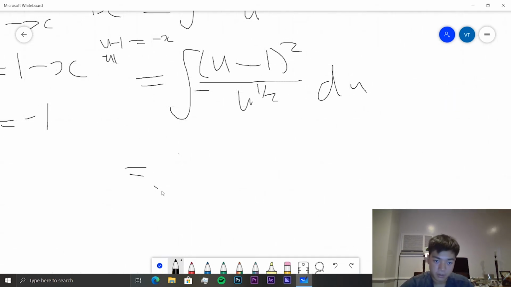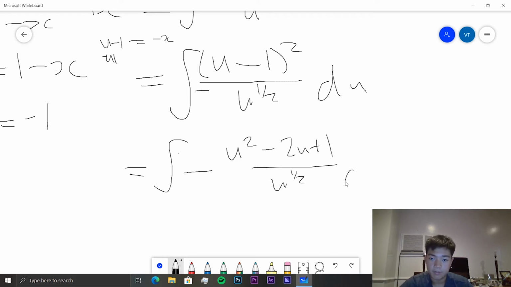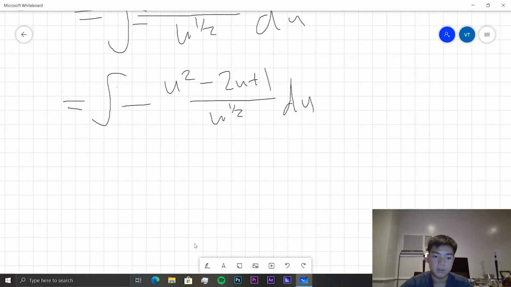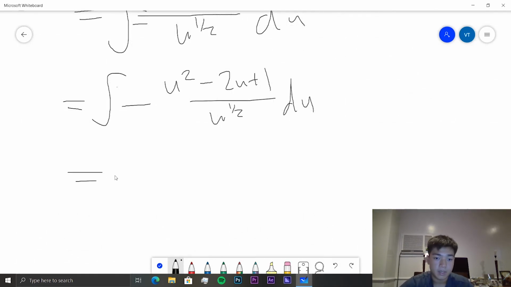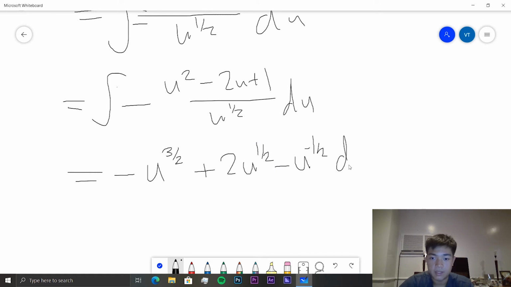So this is equal to the integral of negative (u squared minus 2u plus 1) over u to the 1/2 du, which is equal to negative u to the 3/2 plus 2u to the 1/2 minus u to the negative 1/2 du.